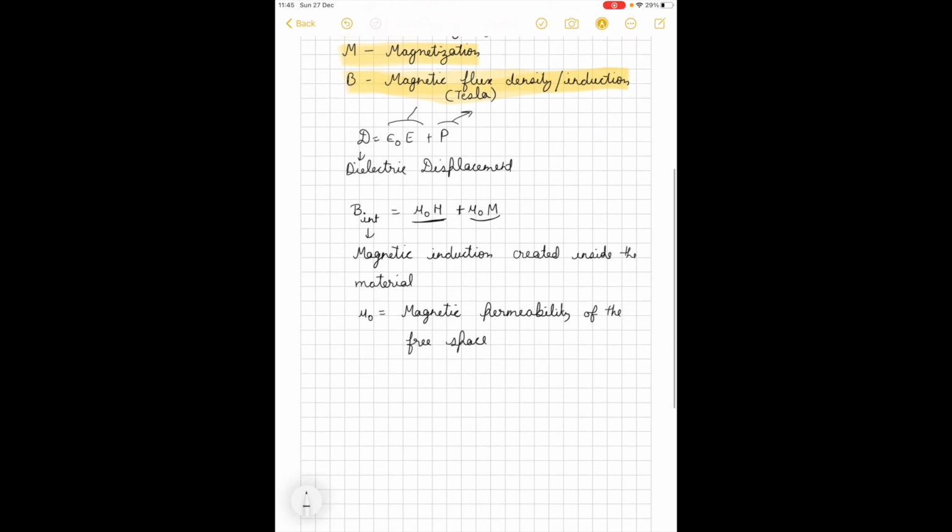Its value is 4 pi times 10 to the power minus 7 Weber per ampere meter. You can calculate its unit because you know the unit of magnetic induction B, which is Weber per meter square, and the unit of magnetizing field, which is ampere per meter. From here you can calculate it's Weber per ampere meter, or we can say Henry per meter also.